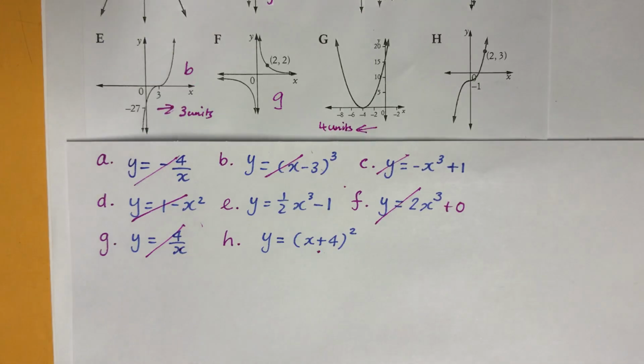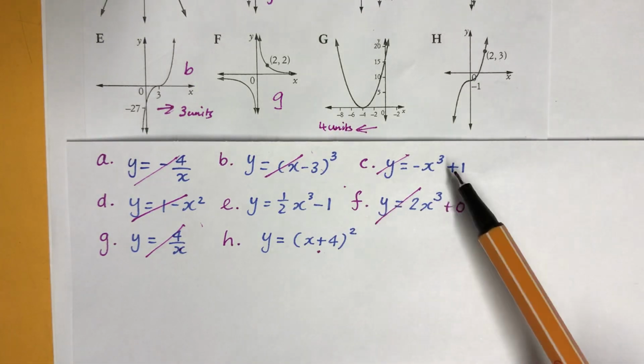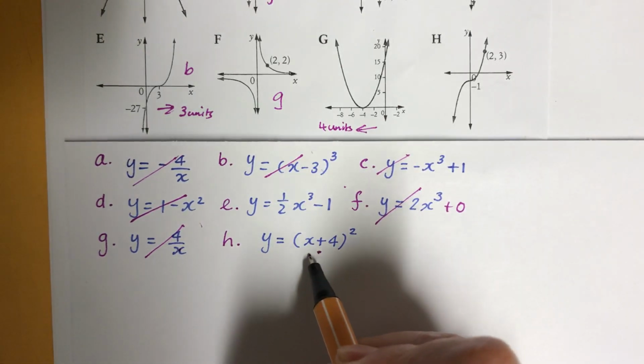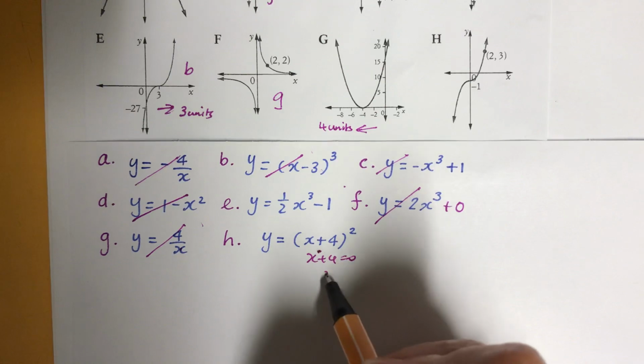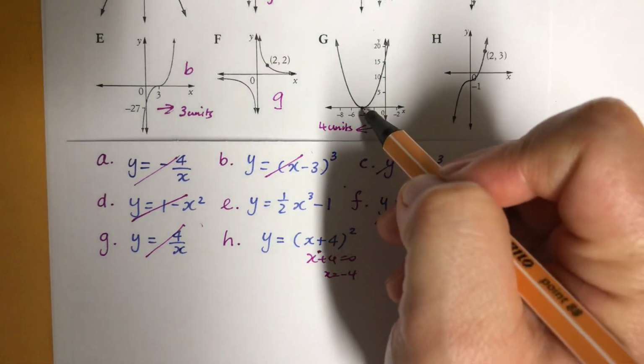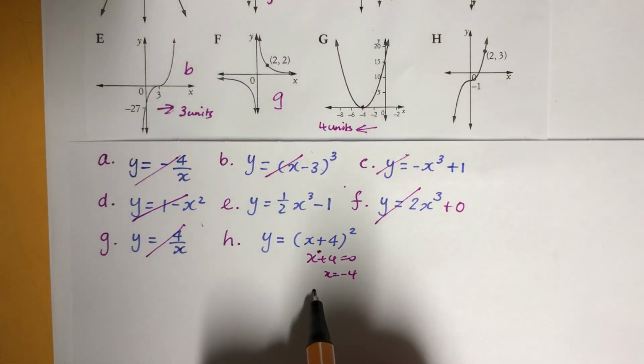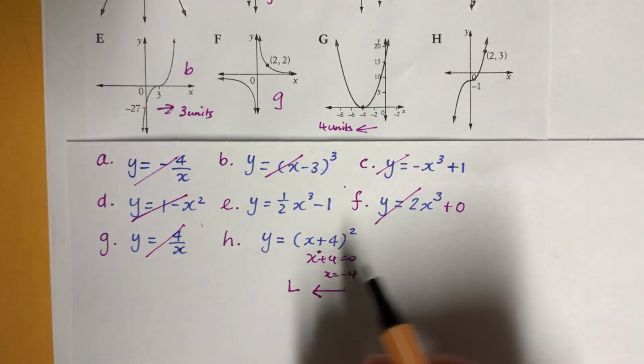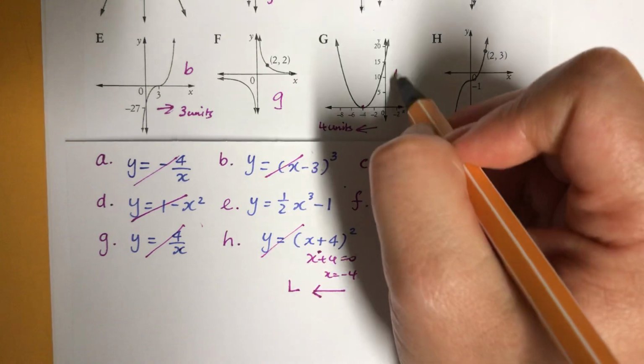Which is the parabola? That's cubic, that's parabola. And that means this one is x plus 4 equals 0, x equals -4, which we got here, and it means moved to the left by 4. So that's H here.